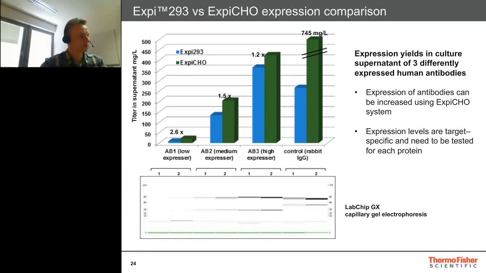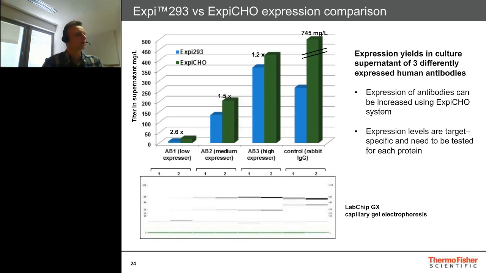This is a comparison of XB293 and XBCHO, and I must say these are all optimized genes. So we used only optimized genes and wanted to see the difference between the 2 expression systems, and it turned out that really the XBCHO system could increase the expression of a low expressor antibody, a medium and a high expressor antibody to a certain amount.